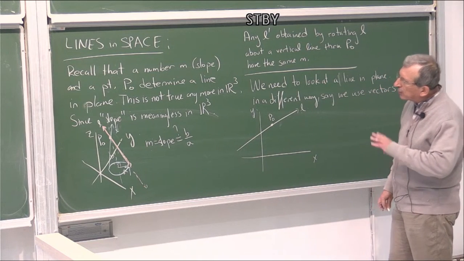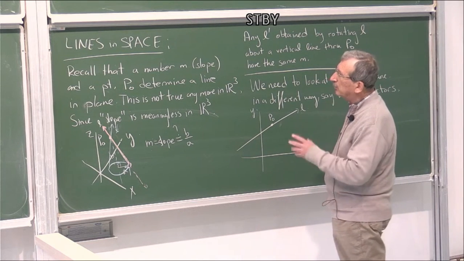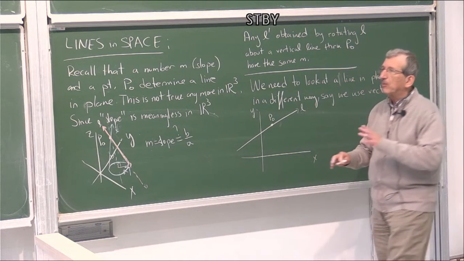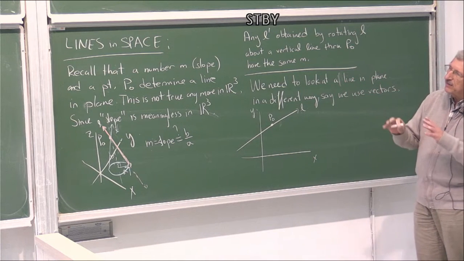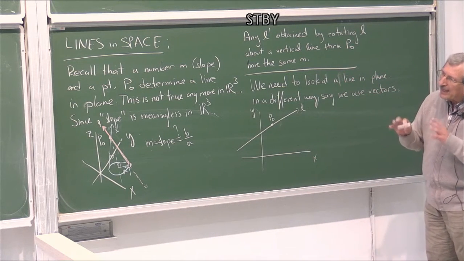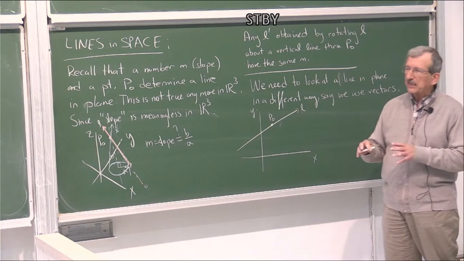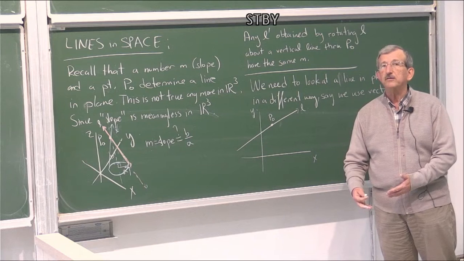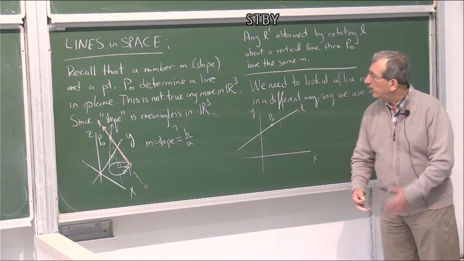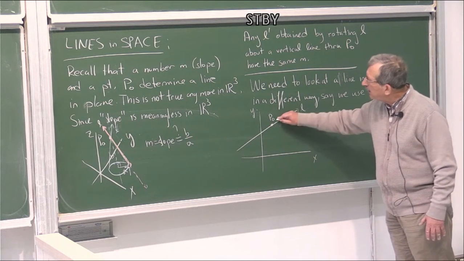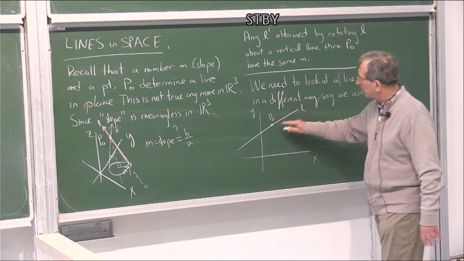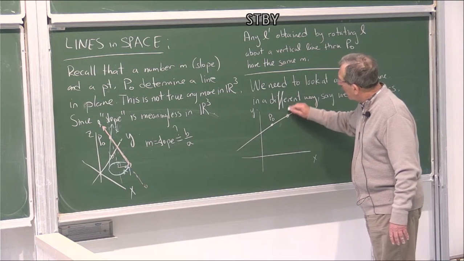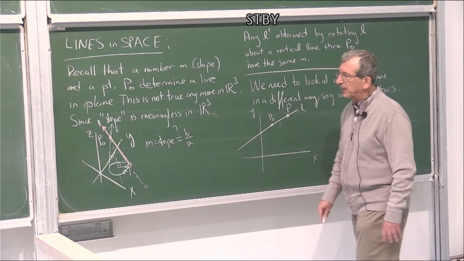Well, looking at the previous argument we had, that is, when we regarded the plane equation as a generalization of the line equation, actually we used vectors. So I can obtain P on the line as follows.